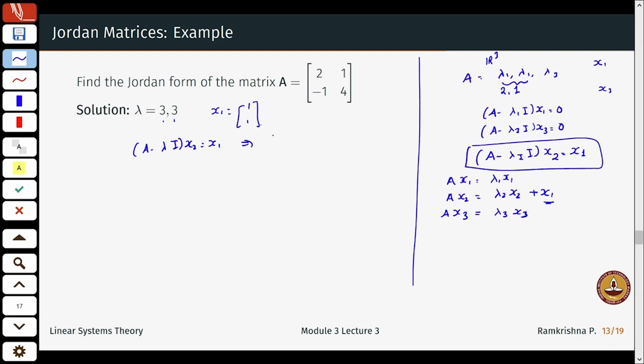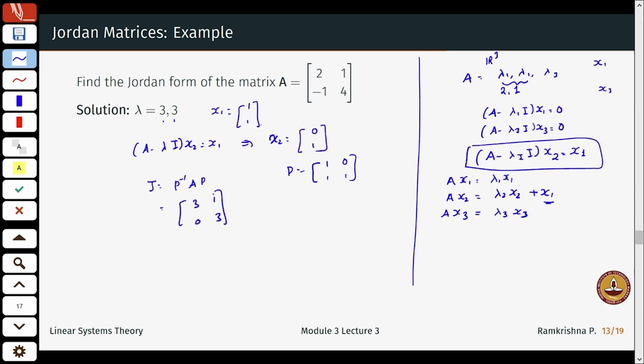So, this will give me x2 which looks like 0 and 1. So, my P is now 1 1 0 1, and if I compute P inverse A P, this will be 3 3 0 and 1. You can just do the computations and check for yourself.